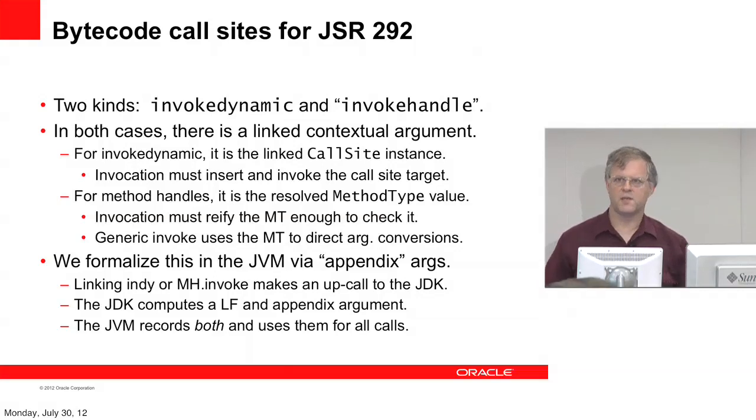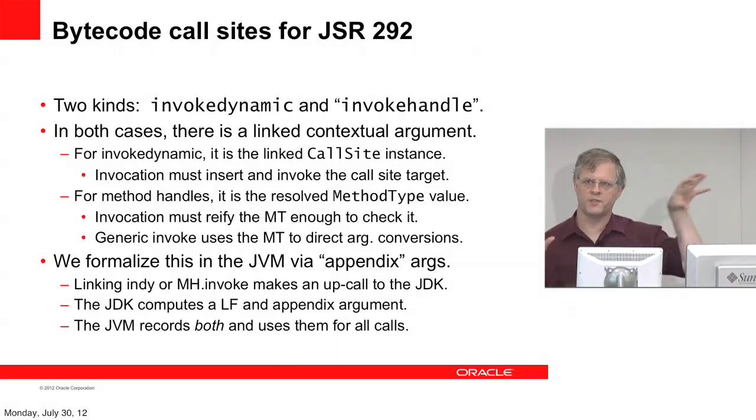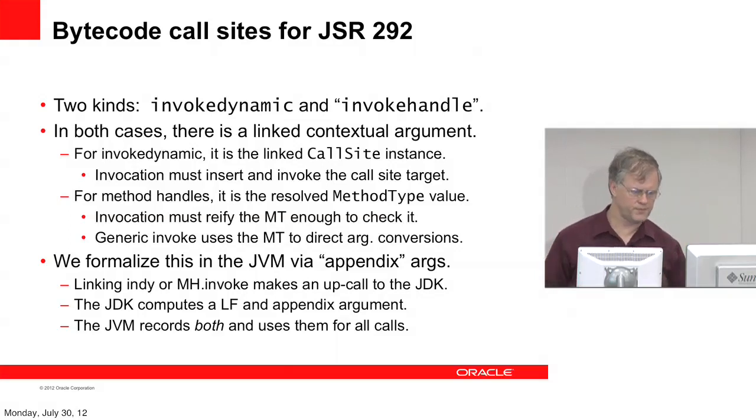And for method handles, it's the method type which you need to use to check the call. And so all the JVM knows is there's an untyped reference, which it calls the appendix, which Java returns along with a Lambda form. And then to link one of these call sites, it remembers the Lambda form, and that's the behavior at that site. And it also remembers the appendix argument, which is trailed on with the other arguments.